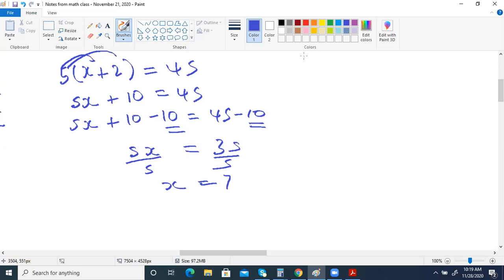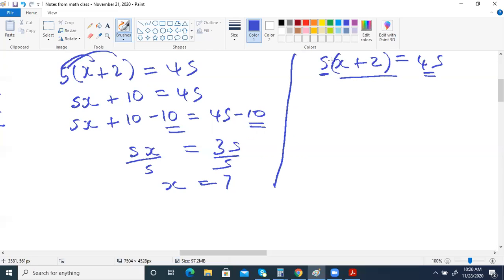Now, understand that, but I'm going to make a point of something. You can actually do this question another way. If you look here, this is saying 5 multiplied by x plus 2 equal 45.